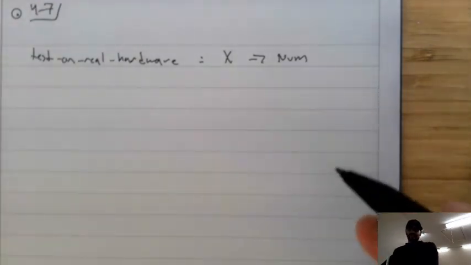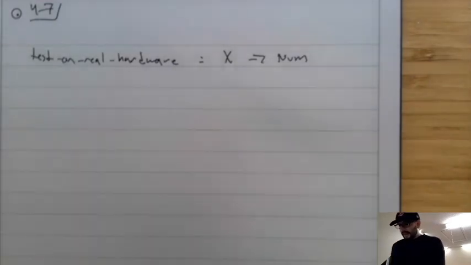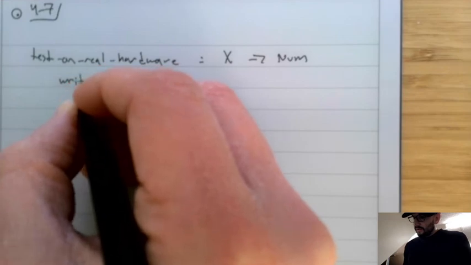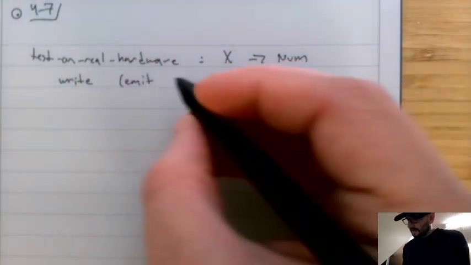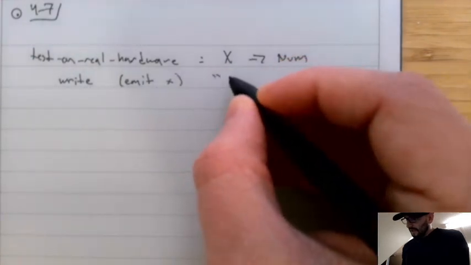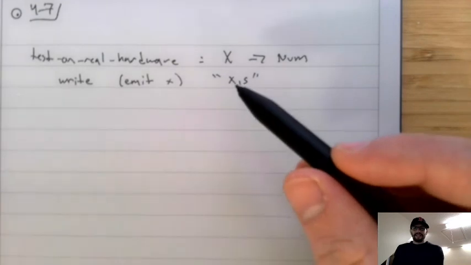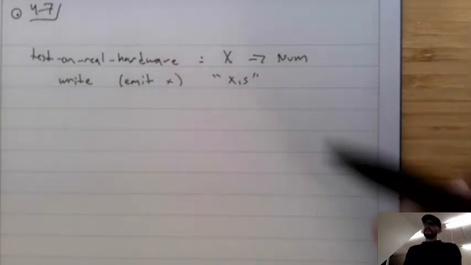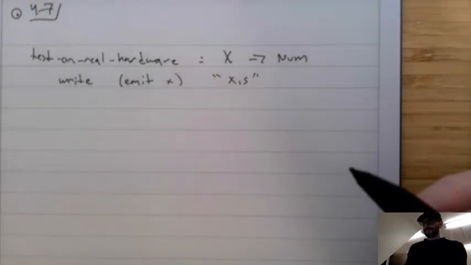This test on real hardware is the equivalent of the interpreter, but it's going to use the actual machine that you're on. Here's what it's going to do. It's going to write, emit the X program into, I'm going to call it x.s. X because that's the language we're doing, and .s is the traditional extension for assembly programs.